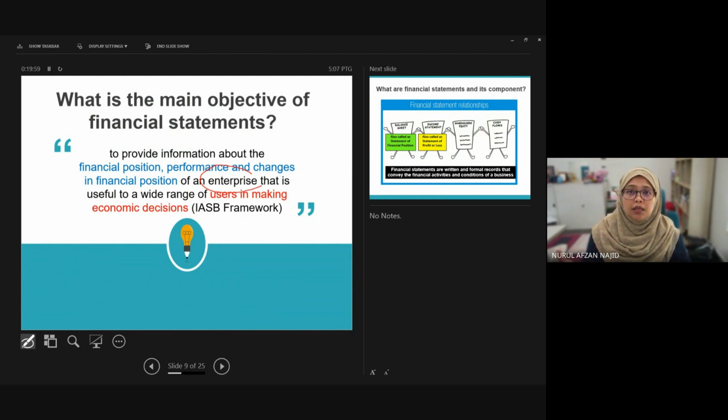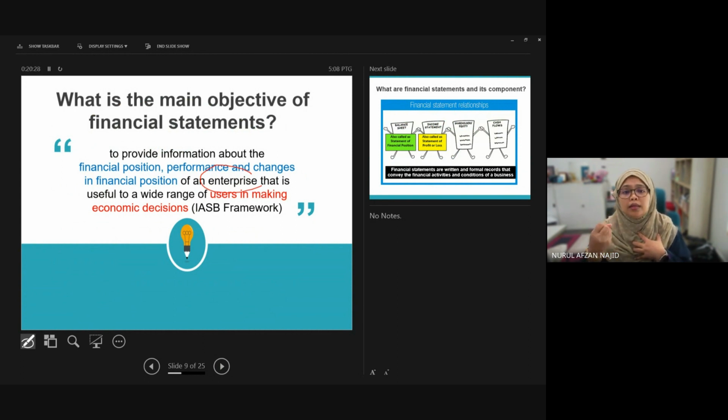You just imagine dalam dunia ni bila you buat business tapi you tak ada recording, you tak ada financial statement. So macam mana you nak tahu you punya business itu adalah rugi ke, untung ke, banyak mana belanja yang kita dah buat, banyak mana income yang kita dah dapat, adakah kita dah bayar hutang kita cukup, dah diselesaikan ke belum, duit kita ni cukup ke untuk menanggung hutang yang kita ada.